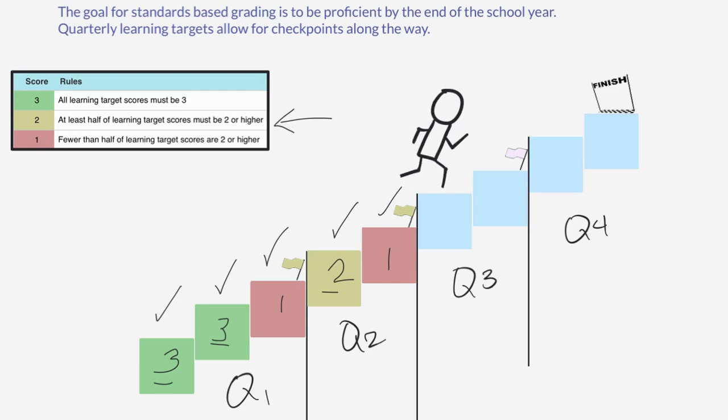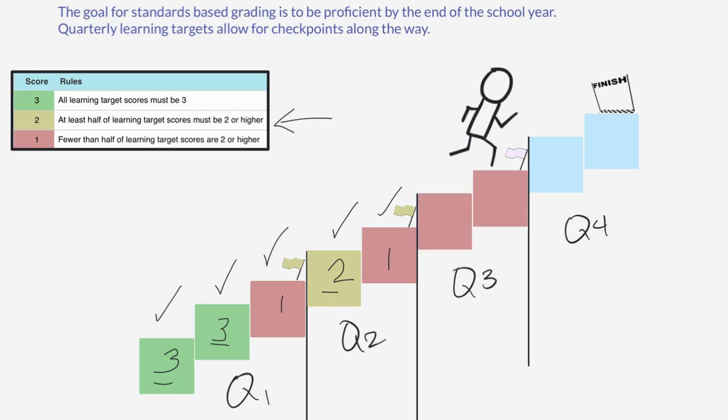Continuing on through third quarter on this standard, the student now does not master either of the 2 new learning targets. Both learning targets are at a level 1 per the evidence entered into TeacherEase. Now the standard is being scored on all 7 learning targets at the end of the third quarter.